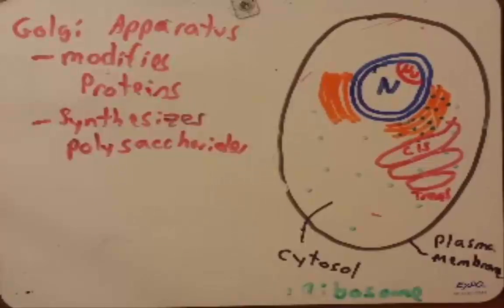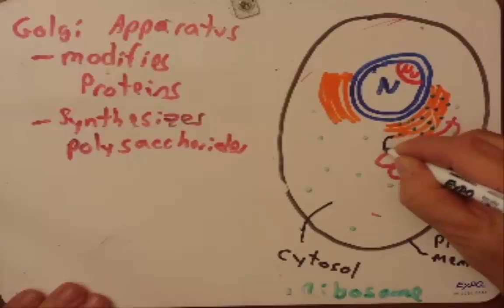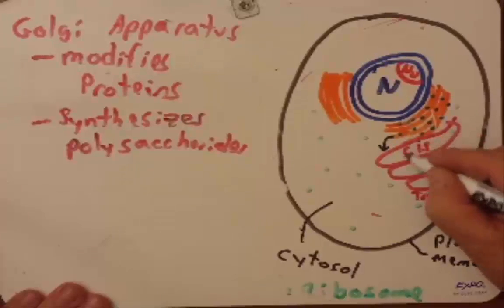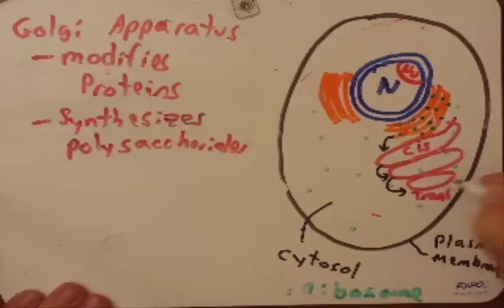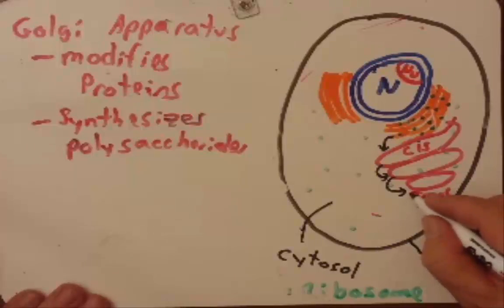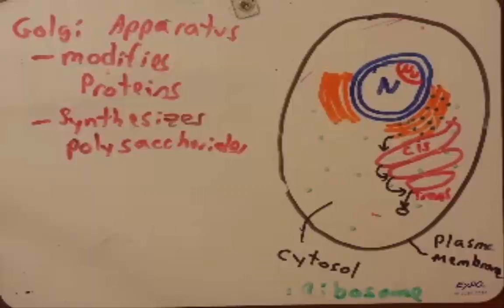Now you're going to get a lot more of this when you take a cell biology course, but what you should know, or just keep in the back of your mind, is that the vesicles move from the ER to the cis, and then from the cis to the different other layers of the Golgi until ultimately they are released as a vesicle containing a very special protein that was made through processing it through the ER and the Golgi. Okay, that's all I want you to know about the Golgi.